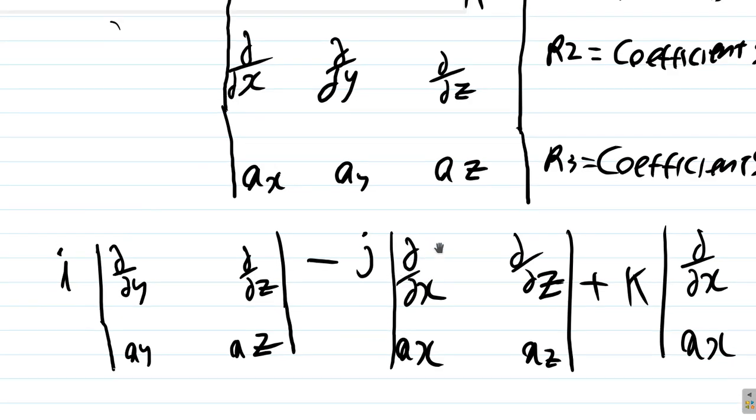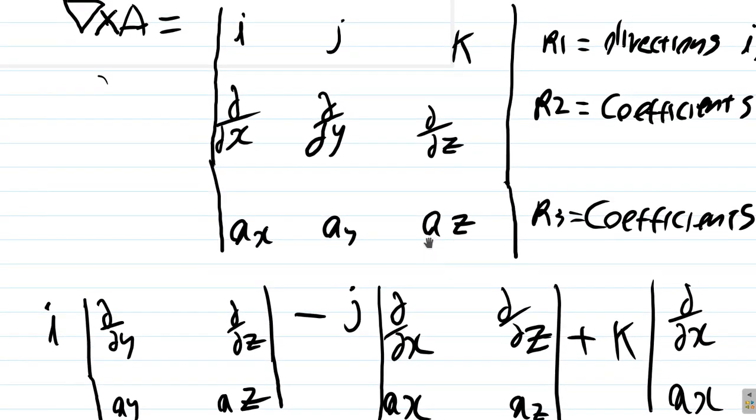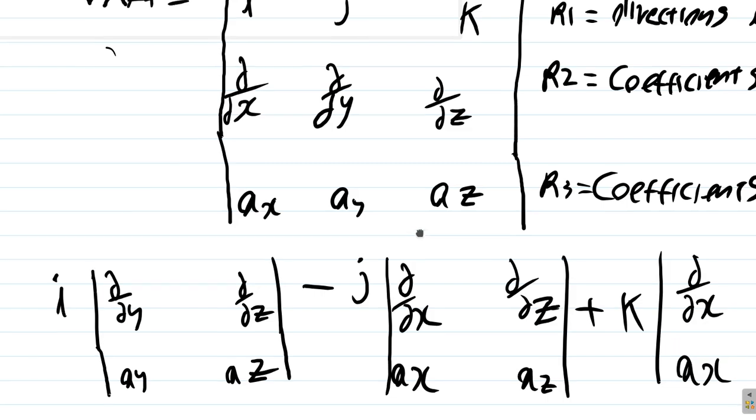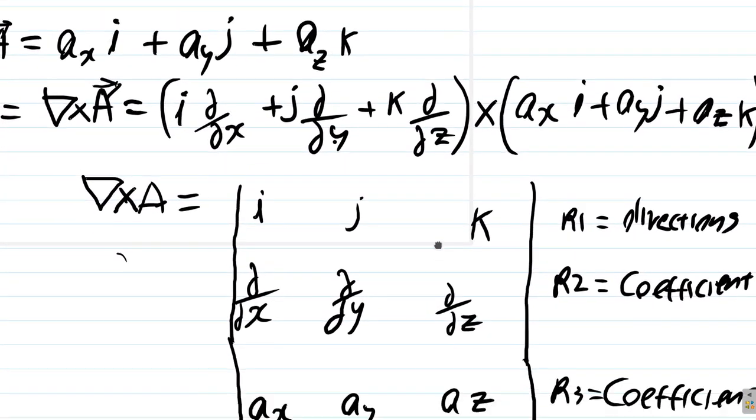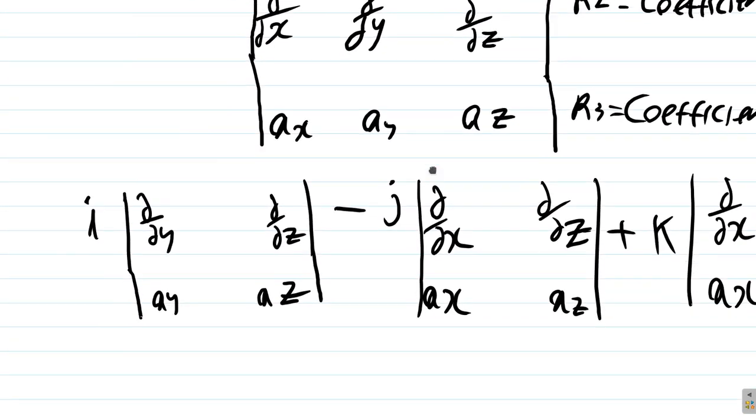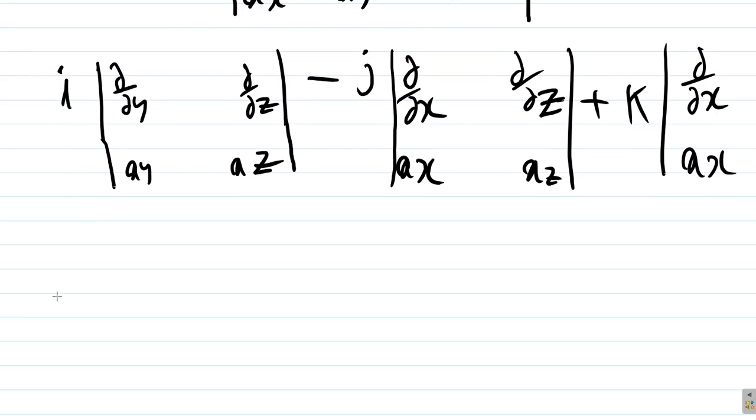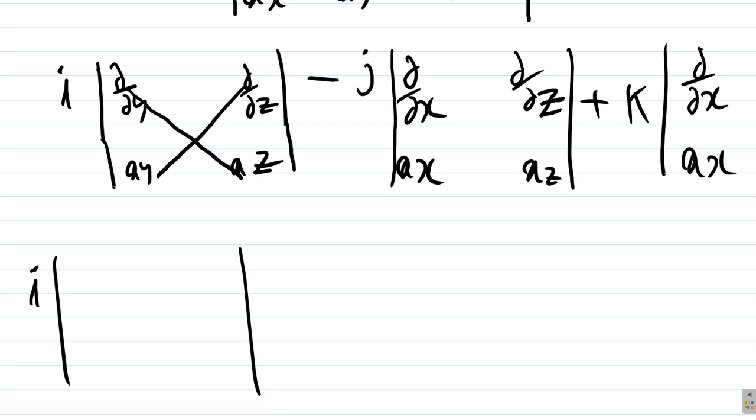Here now, you have i times the determinant for partial by partial y. What is the determinant here? It's going to be this times this minus this times this.